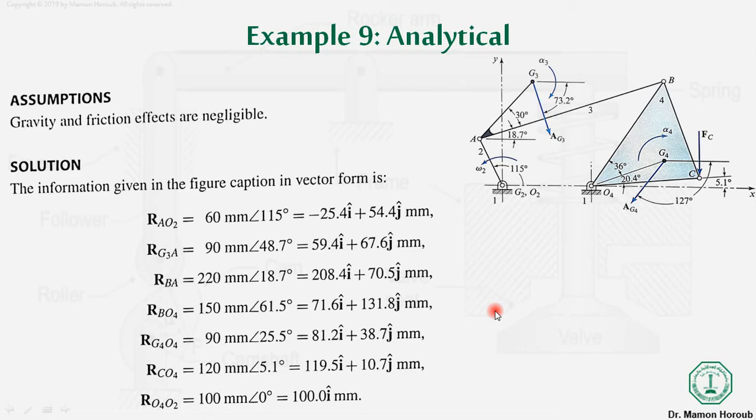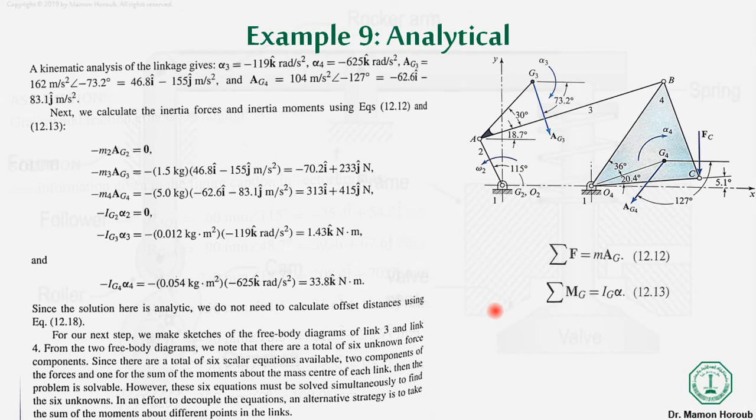And now we can come to the second part, that is to use the kinematical analysis and to find the acceleration. Over here we can use the kinematical method that we previously have used, and we can calculate the value of alpha 3 and alpha 4.